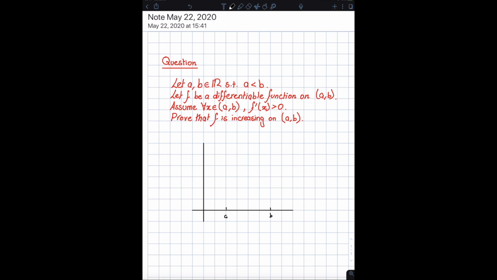An example of such a function would be this. If you draw the tangent line at any one of these points, you'll see that the first derivative is greater than 0, which means that the slope of the tangent line is also positive, and thus the function is increasing on the open interval (a, b). It's actually increasing on the closed interval [a, b], but we're not going to go into that technicality yet.